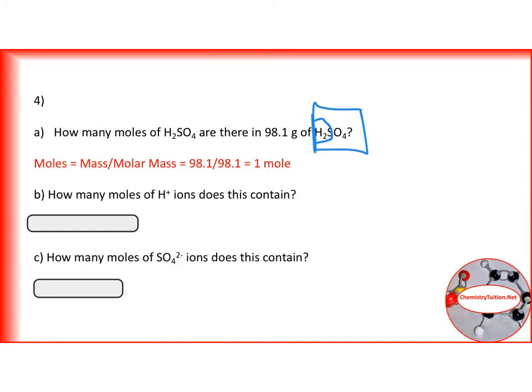So if I have 1 mole of sulfuric acid, I will have 2 moles of H plus ions, like so. So we have 2 moles of H plus ions. For sulfate ions, in every one H2SO4 there's 1 sulfate, so therefore I have 1 mole of sulfate ions.